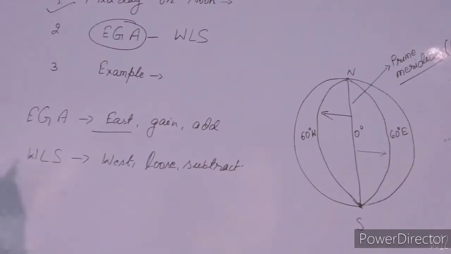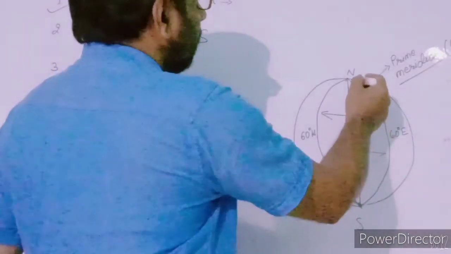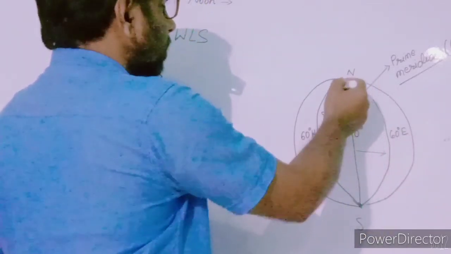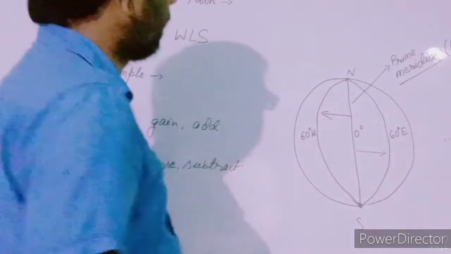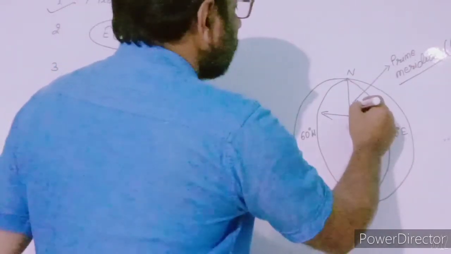Regarding this, we take one example. We consider two longitudes that measure 60° east and 60° west. This is the prime meridian where the time is 12 noon.